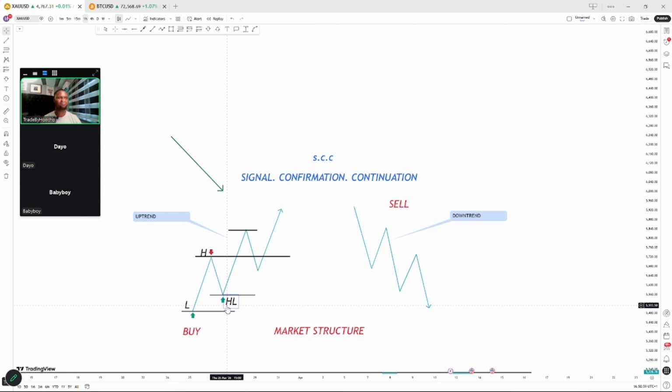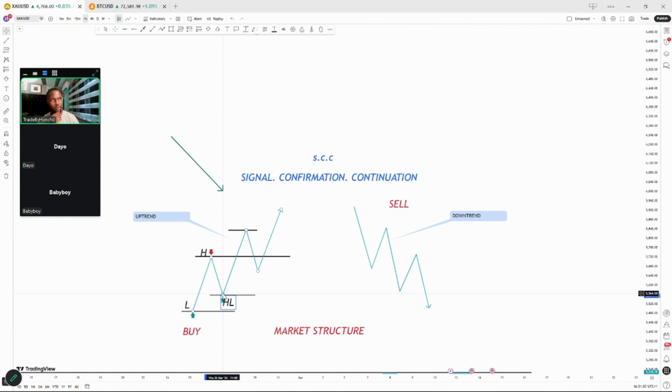Why did we call it higher low? Because this was a low, this was a high, this was also a low, right? The reason why it's a low is because it is lower than this high.